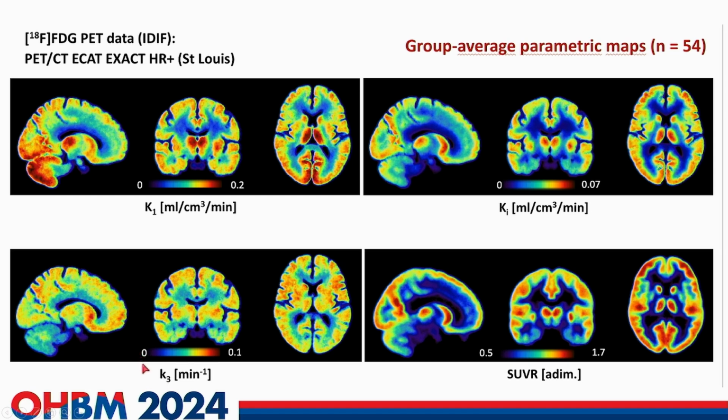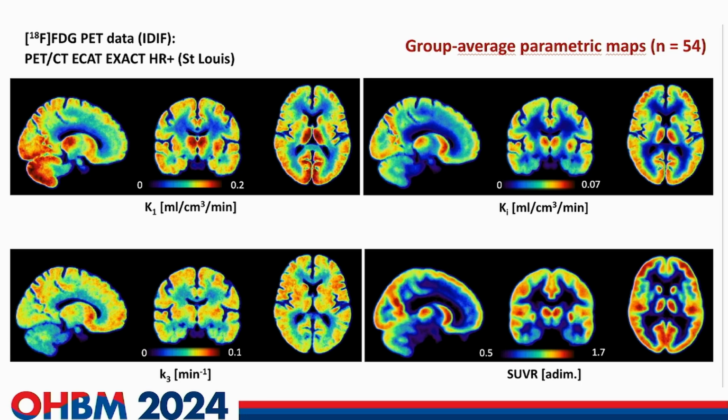K2 is very uniform. But the picture is a little bit different elsewhere. Take a look, for instance, at Ki, K1, and K3 in the occipital area. And also look at what's happening in the rear part in comparison to the frontal part.